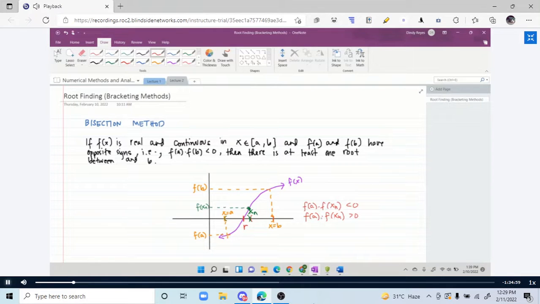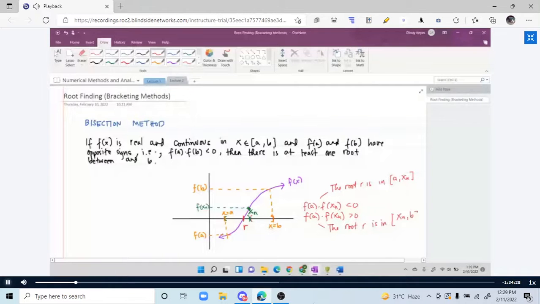If the second case happens, if this product is a positive number, then it implies that the root is contained in the second interval from x sub n to b.